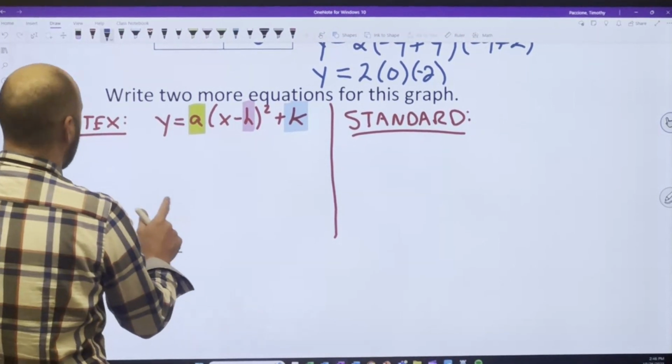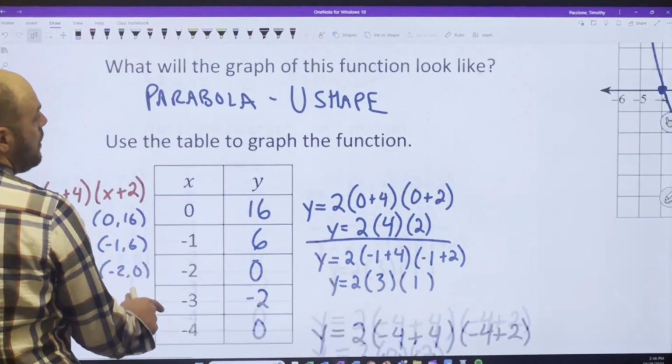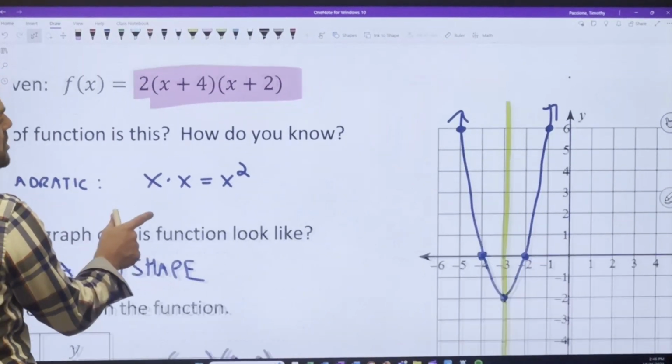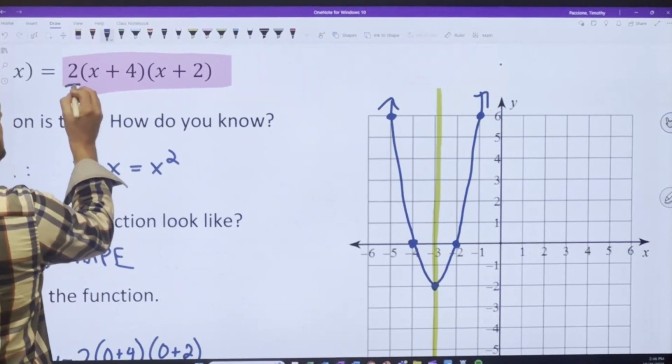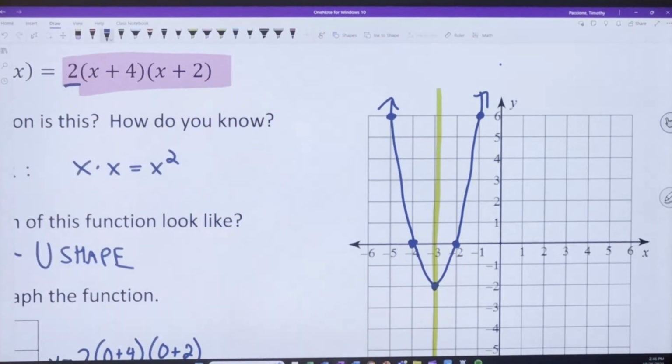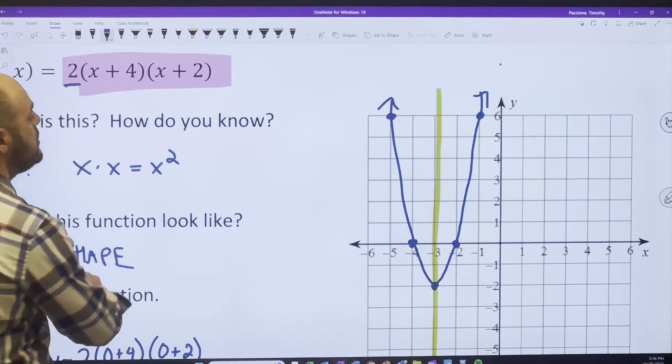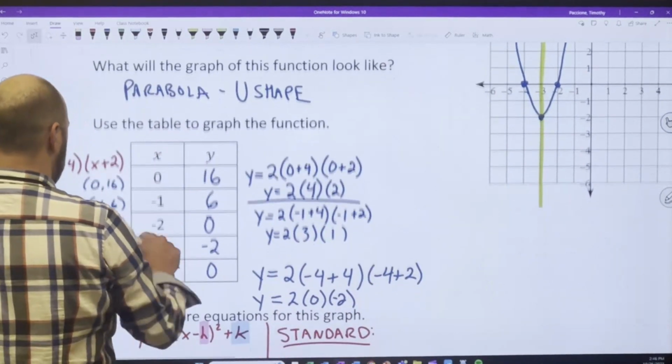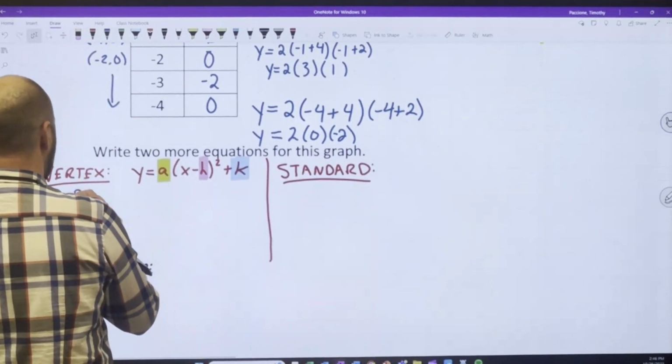Luckily, we have a graph, so we know our A from our equation and our graph, right? Our A is given here. I also see over 1 up 2, so I know my stretch is 2, my A is 2. Wouldn't it be -2? -2 would flip it down, right? The negative flips it. So it's not flipped. So our A is 2.